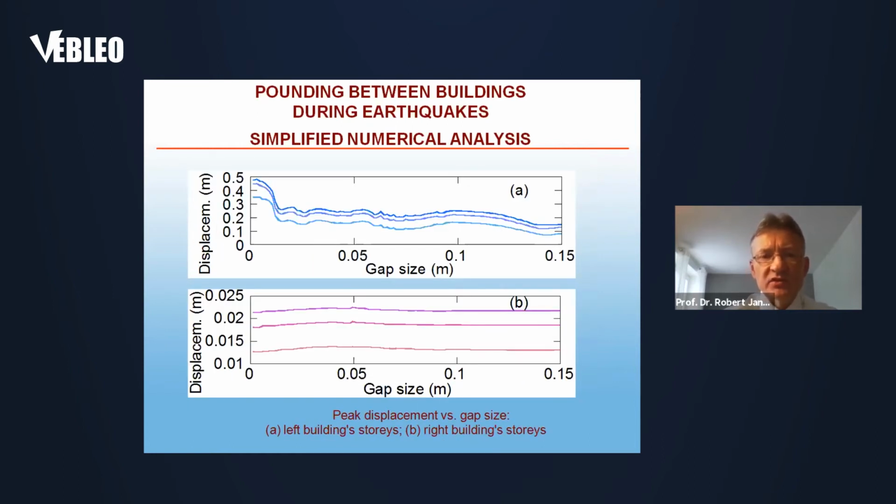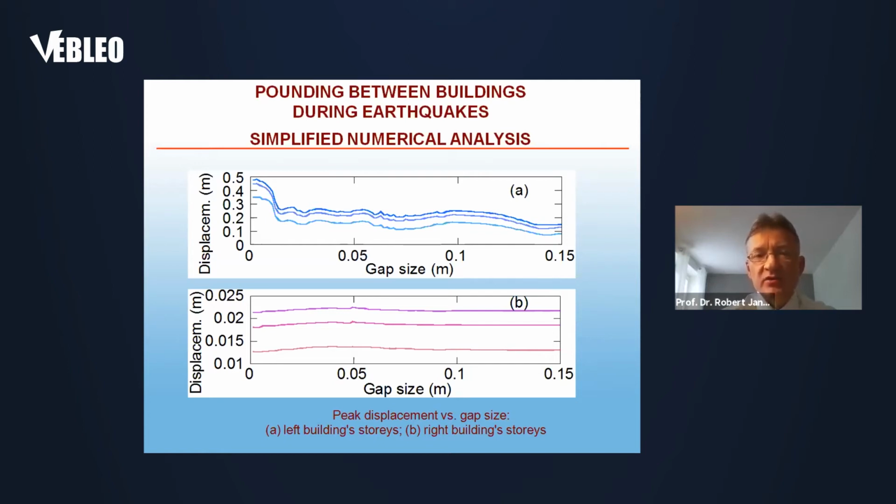Let us have a look also at the relation between the peak displacement and the gap size. Those 2 graphs show the response for the left building at the top and the right building at the bottom of the slide.